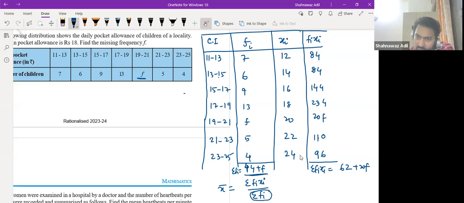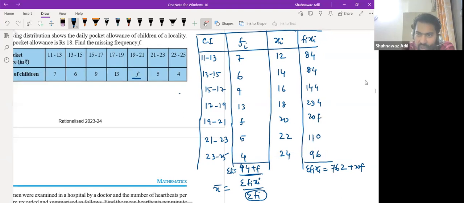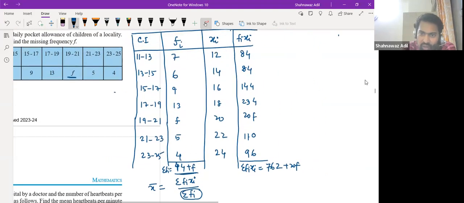Did I do any mistake or is this okay? This is 752, right? 752. Okay, so let us check that again. This is 22, and then 2 and then 7. So this is 752 plus 20F.